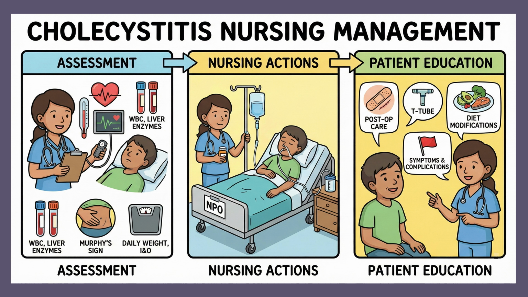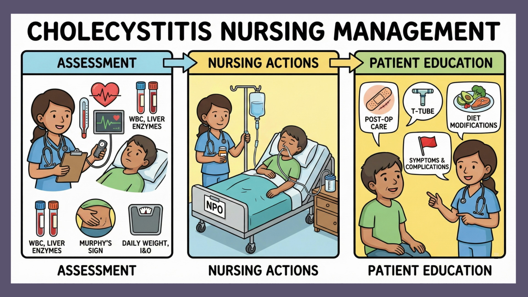Nursing actions involve maintaining NPO status, nothing by mouth, administering prescribed medications like antibiotics, bile acid reducers, analgesics, antiemetics, promoting bed rest in semi-Fowler position, and managing nasogastric tube (NG tube) suctioning.